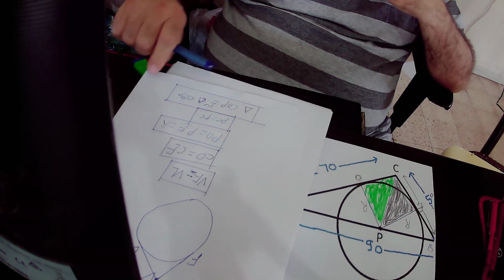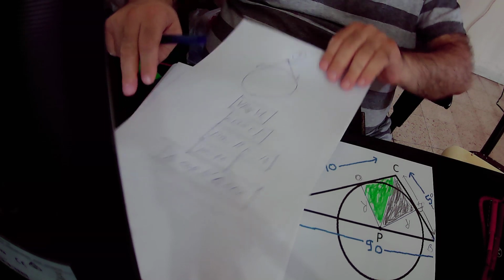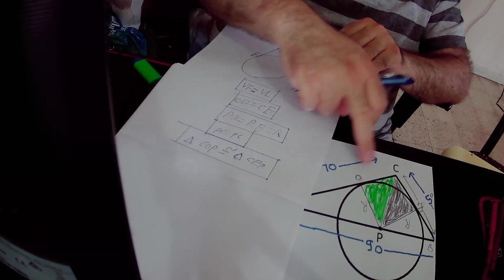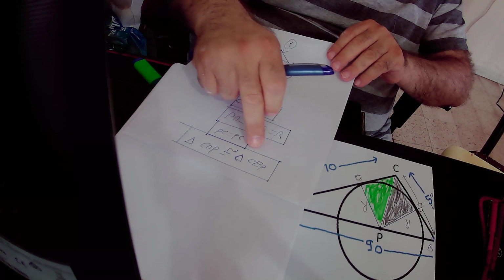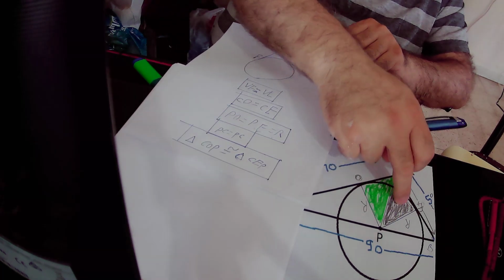Okay, the triangle COP, the green triangle, is congruent to triangle CEP, the black triangle.